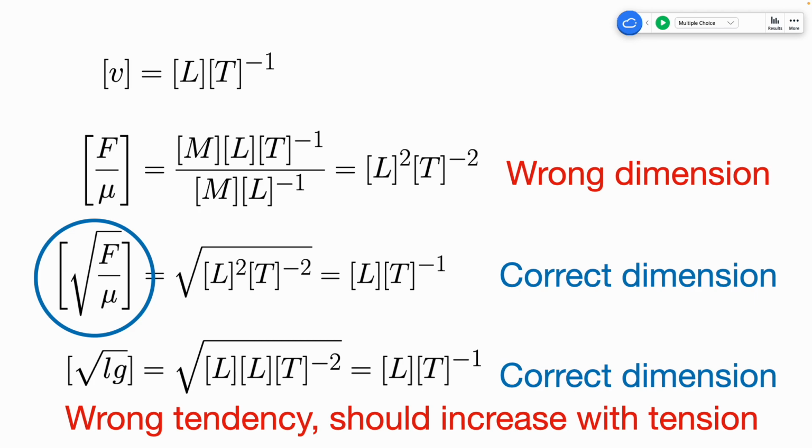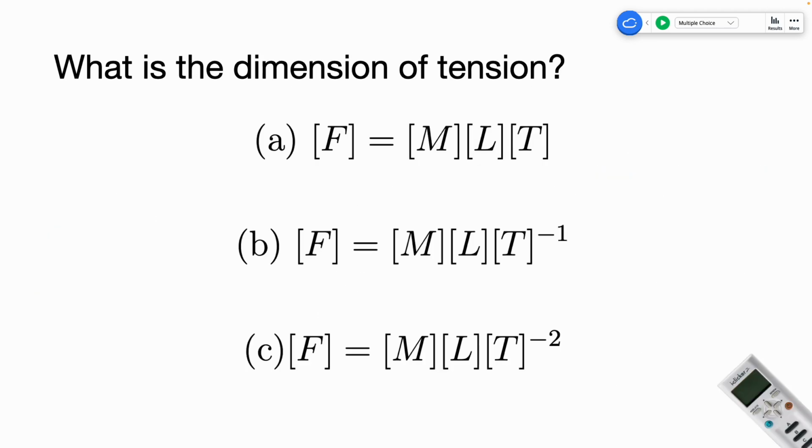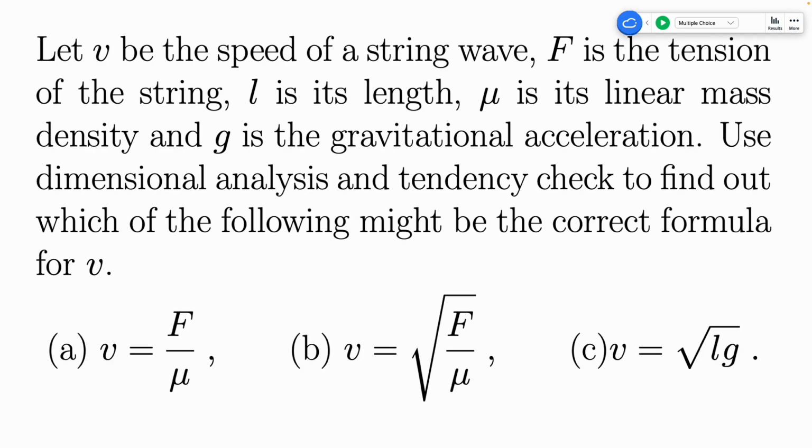So that's why in this formula, or if you look at your formula sheet, you will see the speed of string wave has a square root here, because the dimension must be length over time. If you look at just F over mu, it's going to be something like an area per time squared. That's not speed. Okay?